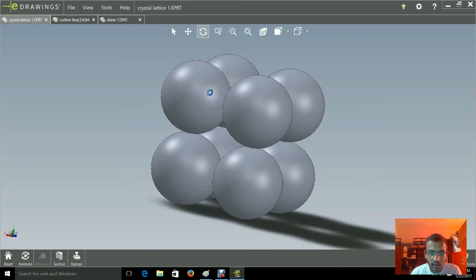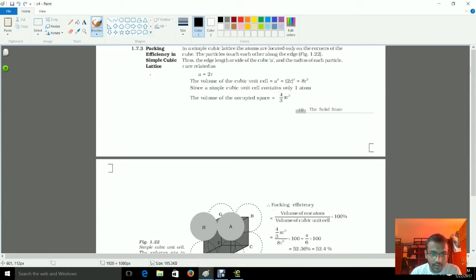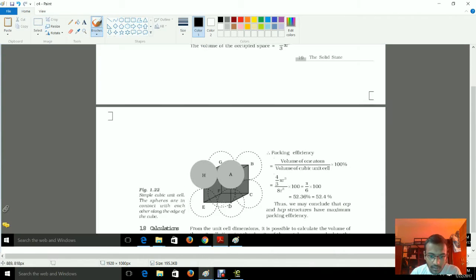This 2r makes up one side of the cube, which means a is equal to 2r in this case. This is the same thing that we have written here, a is equal to 2r. The volume of a cubic unit cell is the volume of a cube, where the side of the unit cell is a, as mentioned above, and it consists of 2r.